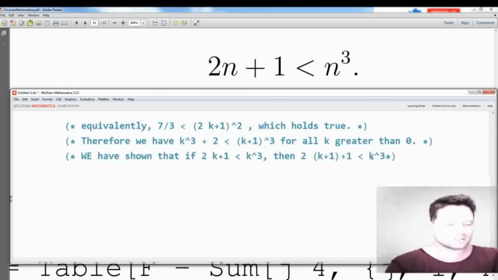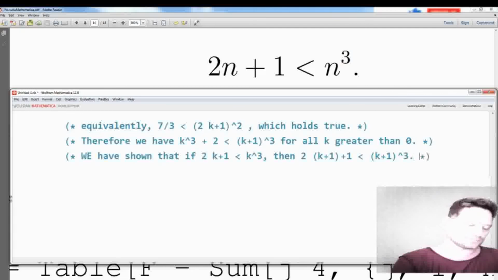All right, which means we replace the k with a k plus 1 there. Okay, so that's what we've shown. So this means if the result holds true for 2, then it holds true for 3. If the result holds true for 3, then it holds true for 4. If the result holds true for 4, then it holds true for 5, and so on and so on.